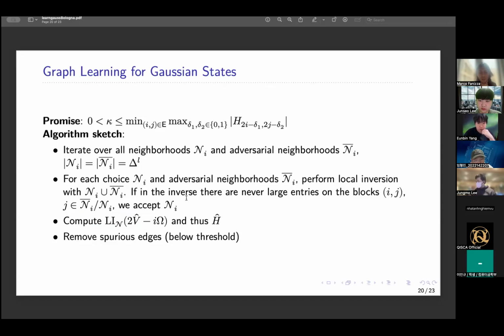If it passes the test for all of them, then we accept the candidate neighborhoods. And then we will compute the local inverse with the candidate neighborhoods and thus an estimate of the Hamiltonian. And finally, we will remove spurious edges, the ones that are below threshold.